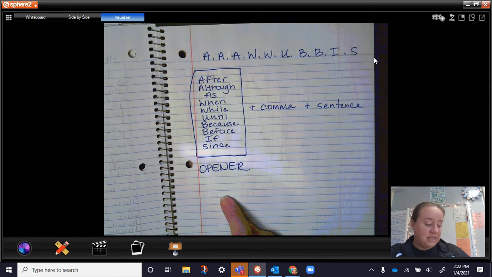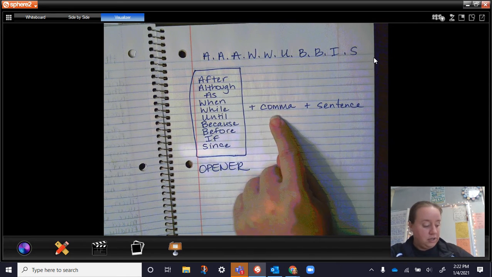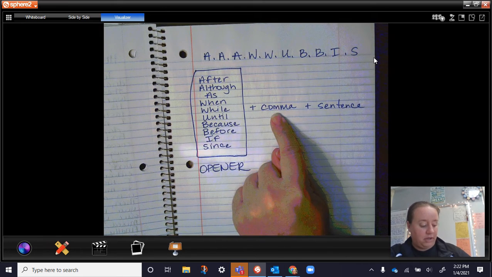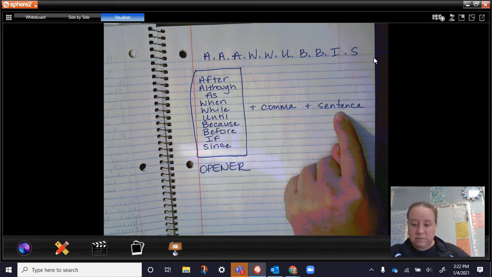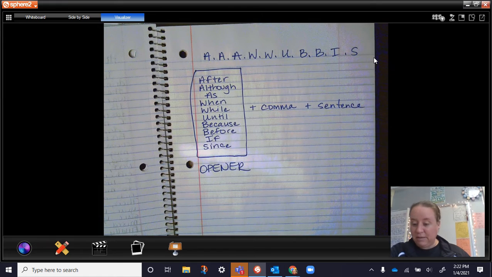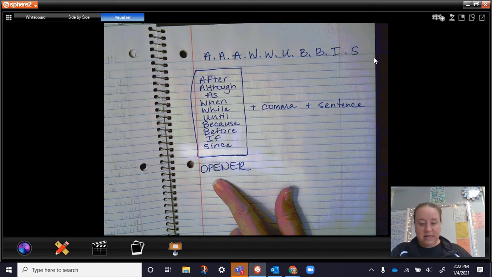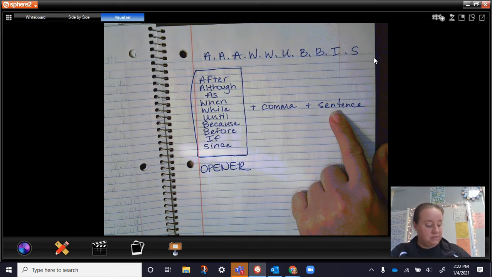It's not complete. So we put a comma after it. So after I got home from the store, comma, and then the actual sentence part, the complete sentence, I went to bed. That is how we piece all those parts together. So opener, whatever you're saying here with the opener, the comma, and the sentence.